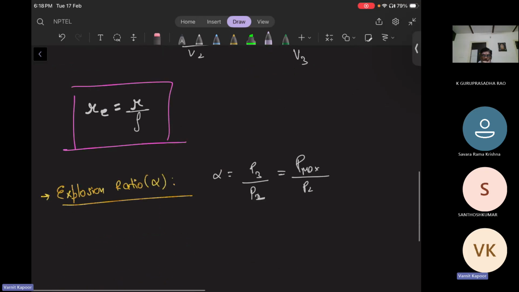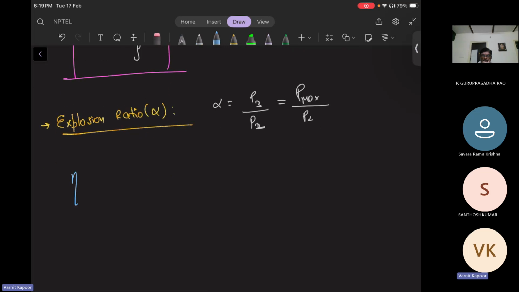The explosion ratio we have defined. Then we come up with the air standard efficiency finally. Air standard efficiency is nothing but your net work done from the cycle to that of net heat added. And this time heat is added 2 times, first at constant volume, then at constant pressure. If the cycle is reversible, then net work interaction is just basically the net heat interaction.